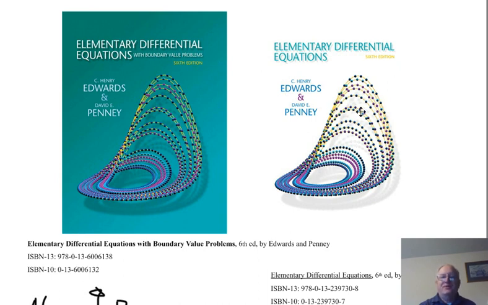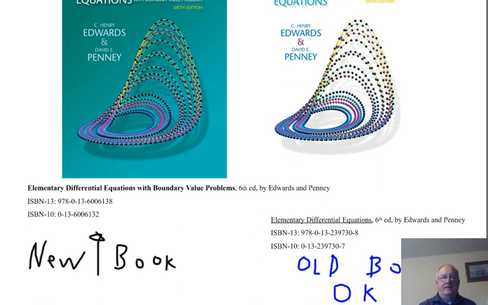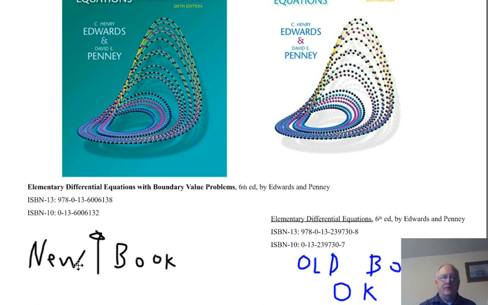The old edition, if there's one kicking around, or you get it from Amazon.com or something, that would be perfectly okay too. So either of those books would be perfectly okay to use. And so the new book is one that your bookstore is going to have because they can't buy the old book. But the old book might be sitting around in your older sister's or brother's bookshelf, and you could use that as well.